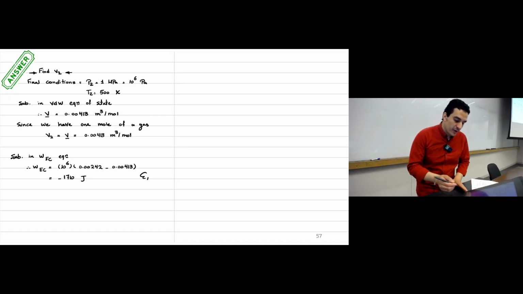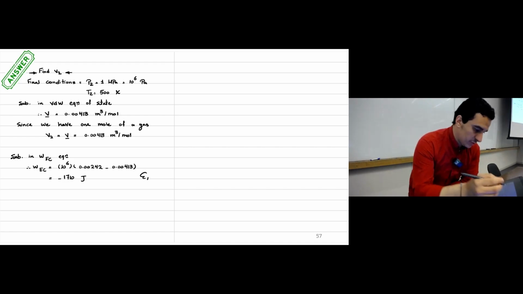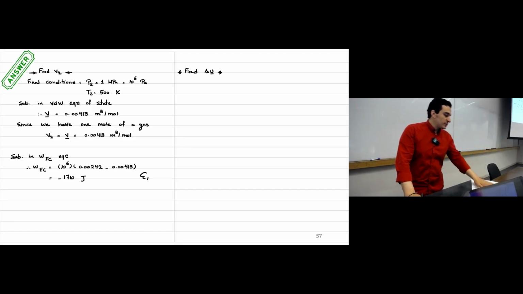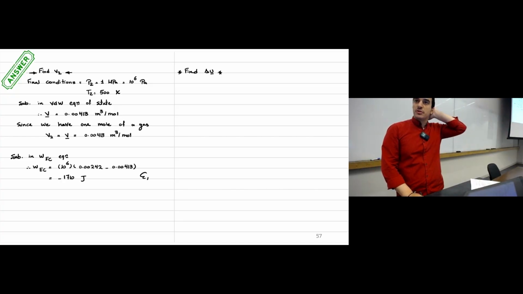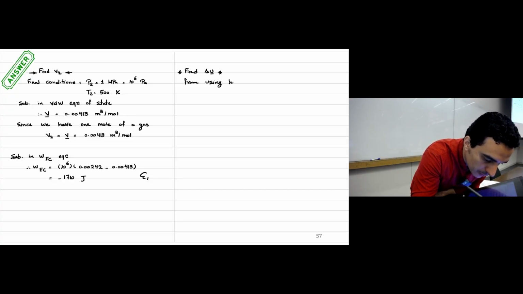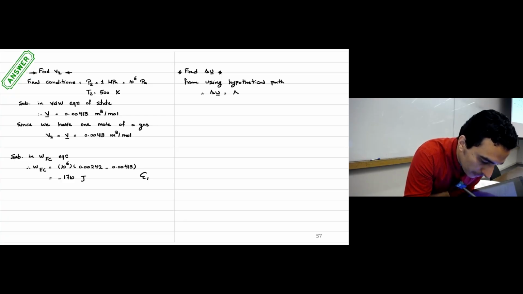The second part, we need to find delta U. Similar to this one, here we have an actual path, so we will use the residual property to find delta U. Using the hypothetical paths, we can say delta U will be delta U1 plus delta U2 plus delta U3.